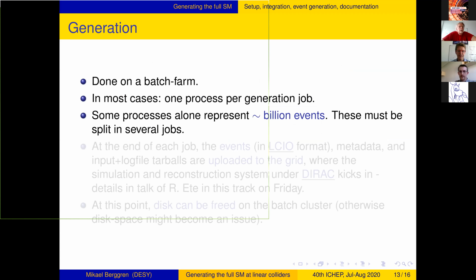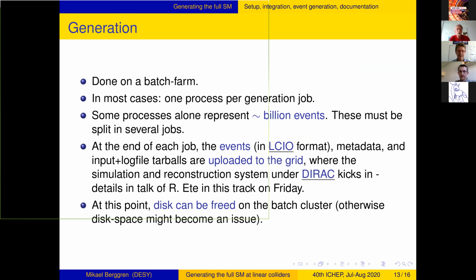So the generation is also done on a batch farm. In most cases, we can run a full generation of one process as one job, but in some processes, notably the 2 fermion runs, you can actually get up to 1 billion events, so this must be split in several jobs.